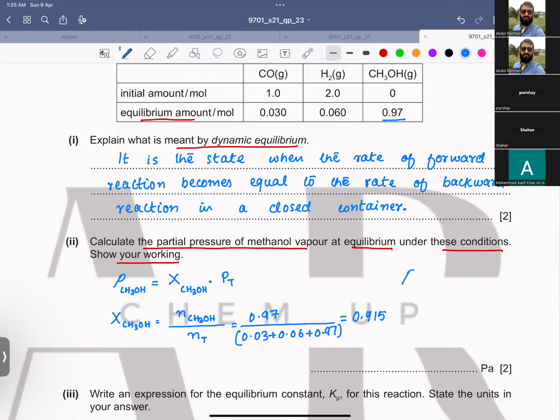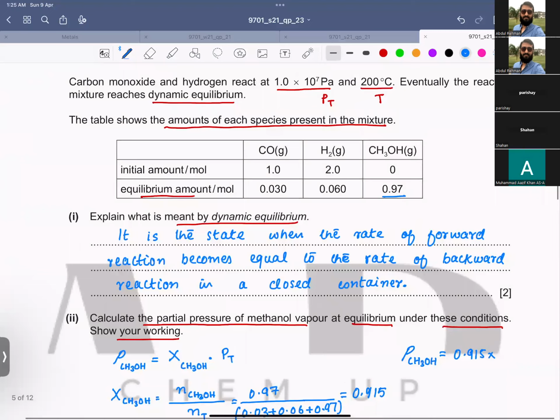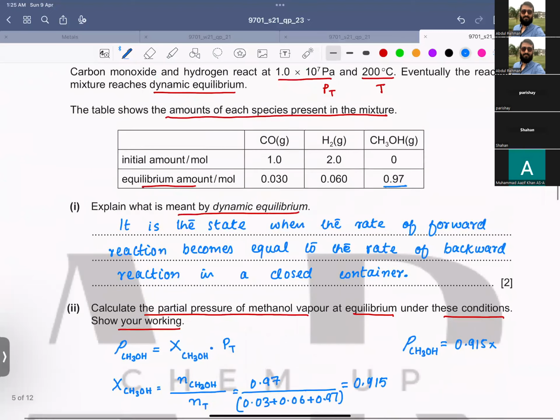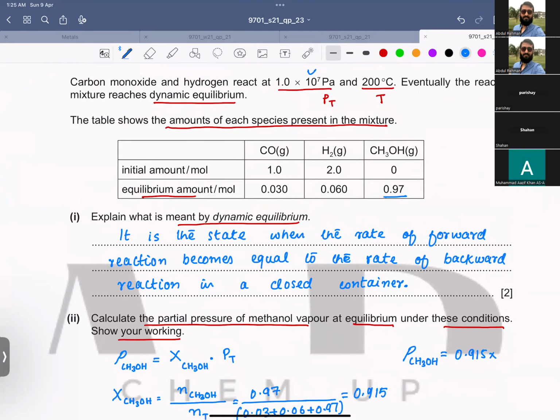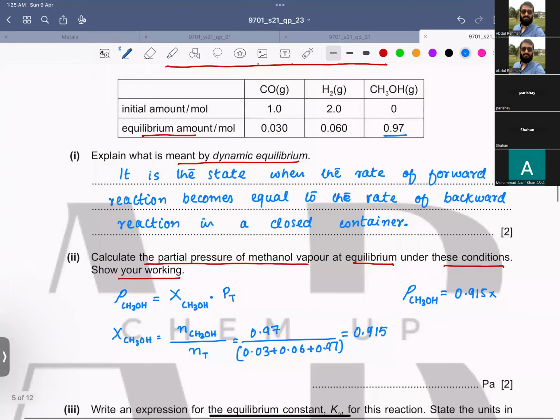Now, the partial pressure of methanol is equal to mole fraction, which is 0.915, times total pressure, that is 1.0 × 10^7, that is given over here. Yes, can anybody tell me this answer?